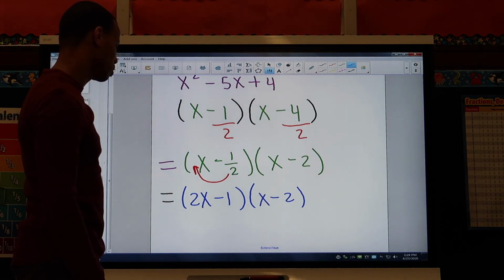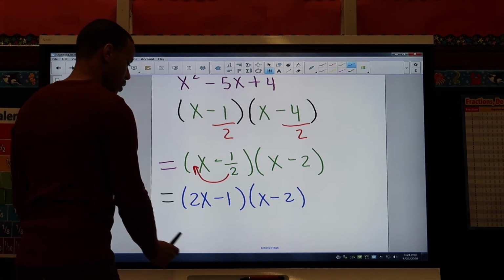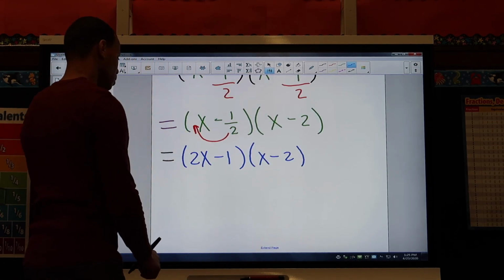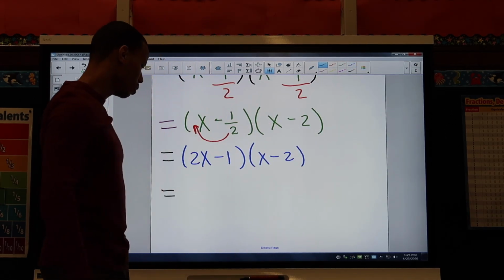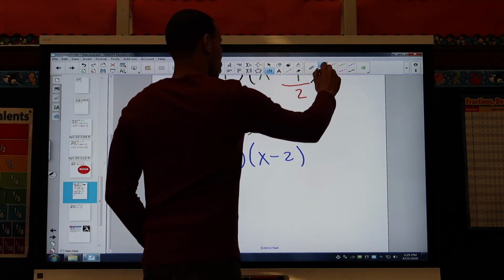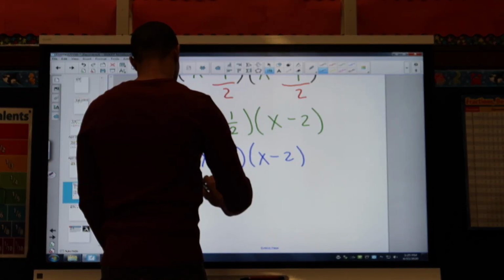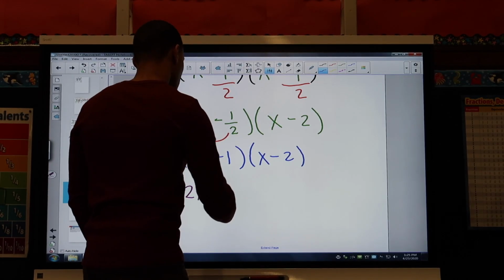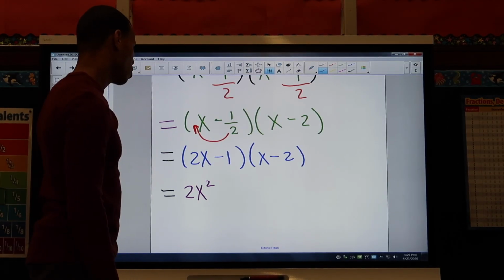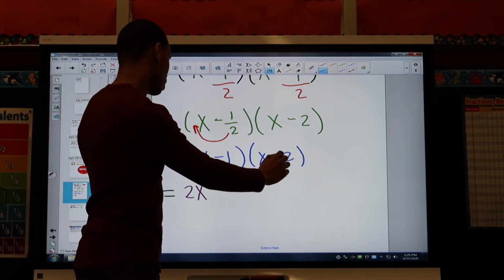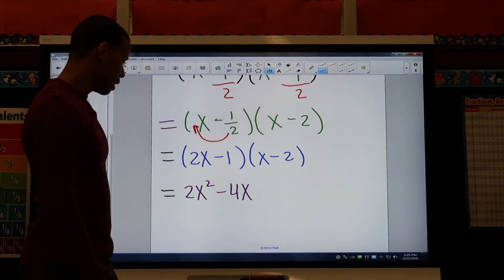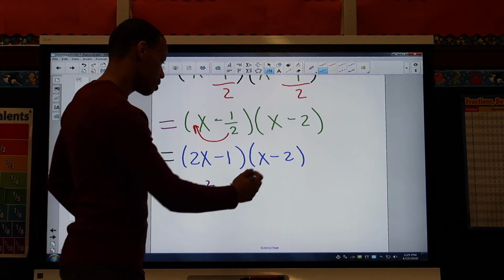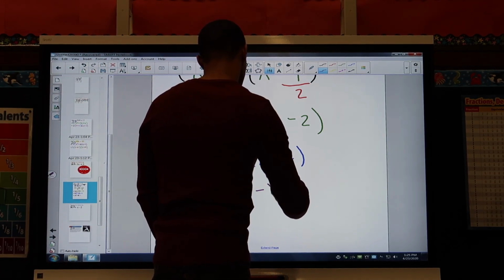There we go. So now let's double check our work. Let's multiply, right? This will be equal to 2x times x, which is 2x squared. 2x times negative 2 is going to be negative 4x. And then negative 1 times x is going to be negative x.